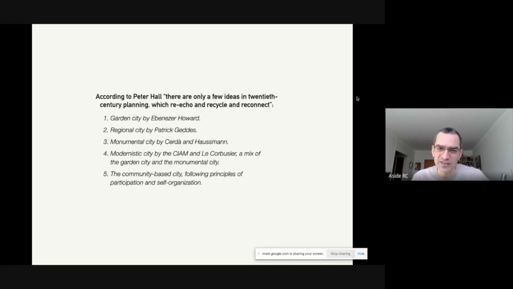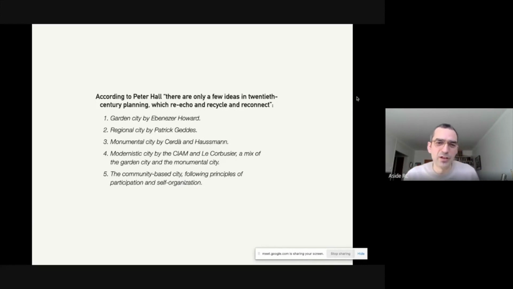As we said, modernistic would be the application of modernity into a kind of style, into a kind of applied arts, whether it's architecture or art or other artistic disciplines. So that would be the functionalist city by Le Corbusier, the CIAM, and so on and so forth. That in fact is not that new really. It's only a mix of the monumental city and the garden city. So really Le Corbusier is not inventing that much, Peter Hall argues.